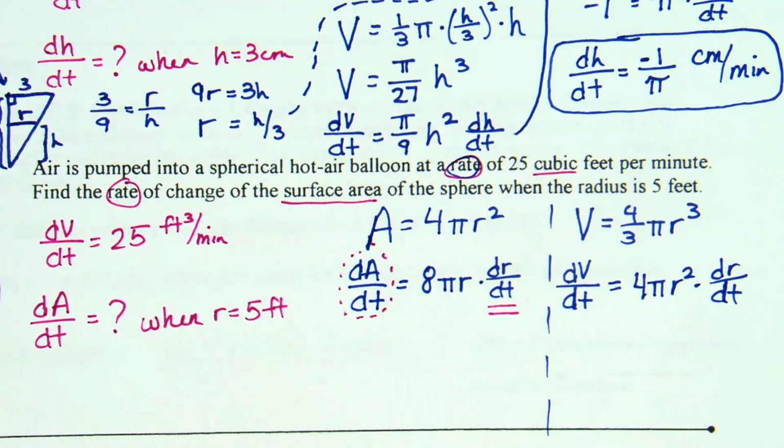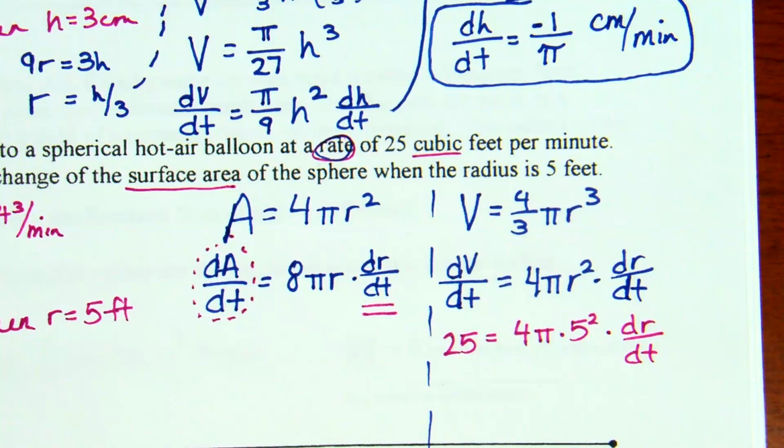Okay, so I'm going to go ahead and fill it in right there. dV/dt is 25, 4 pi, what r am I using? 5 squared times dr/dt. Let's see, 4 times 5 squared, 4 times 25, so 100 pi dr/dt.